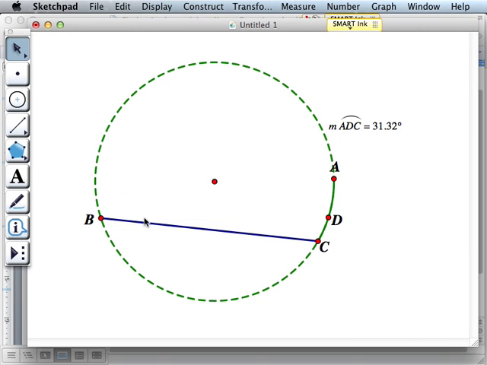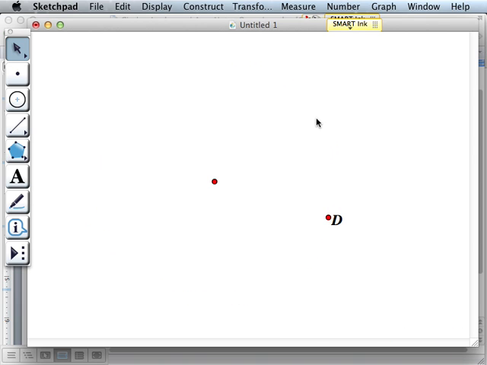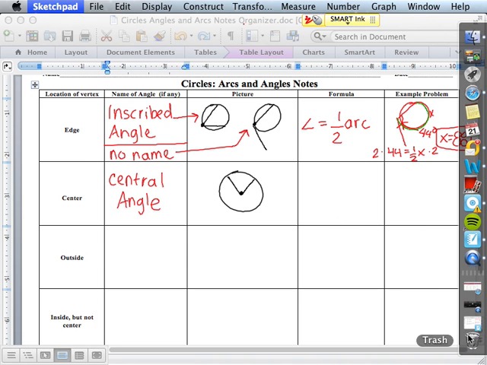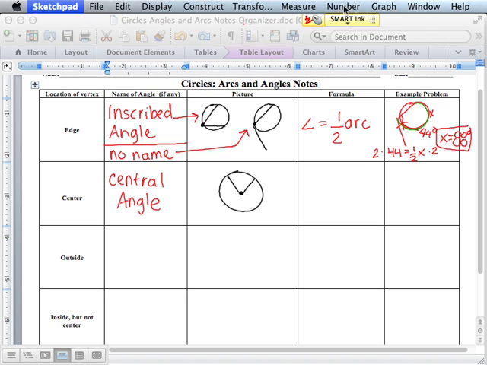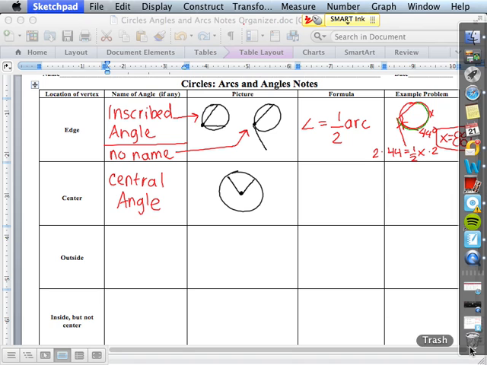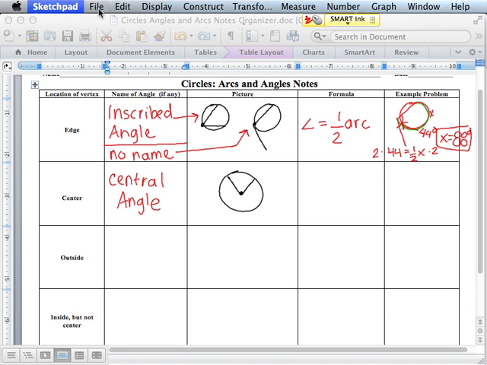So I'm going to delete these. Delete that. Delete that. Okay. Let's just delete it all. Oops. I don't want to close it. I want a new Sketchpad file. What's going on here?